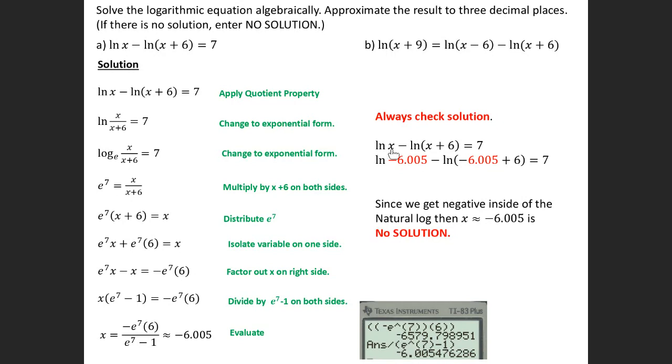If I put in for x negative 6.005, right away you get a negative in here. And notice here, if we add these, it's going to be negative. Then that's going to make it no solution. So we would enter our answer as no solution, because the natural log of a negative number doesn't exist.